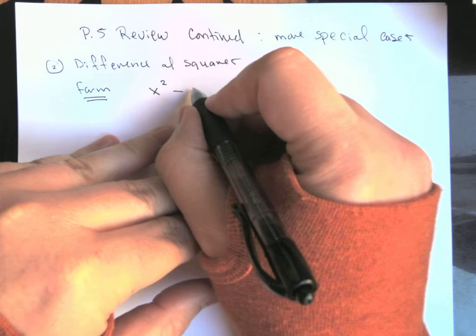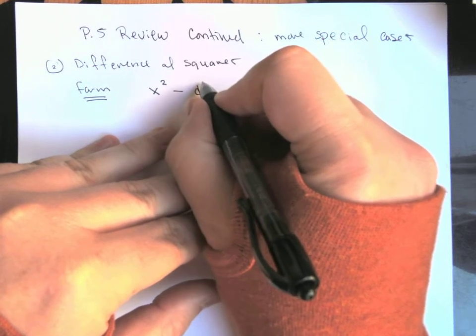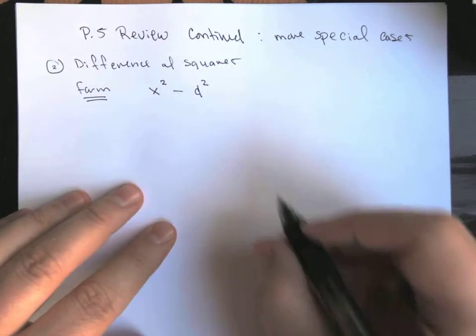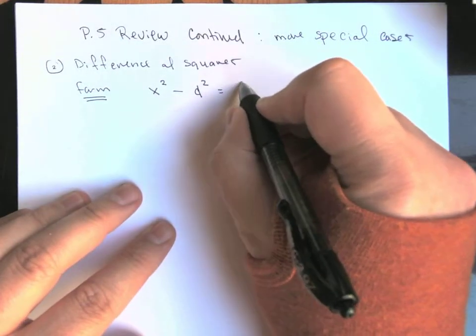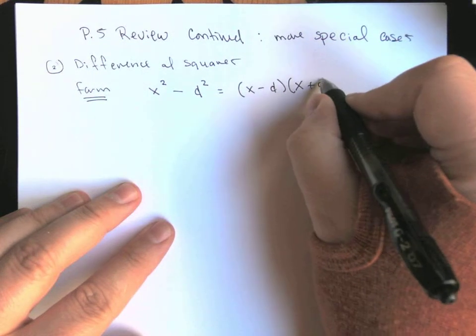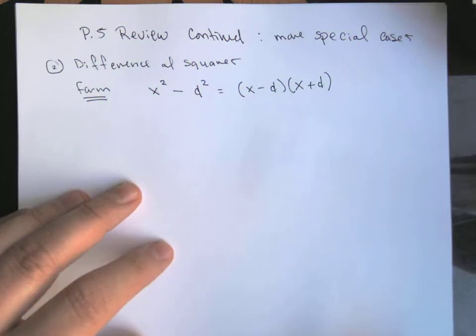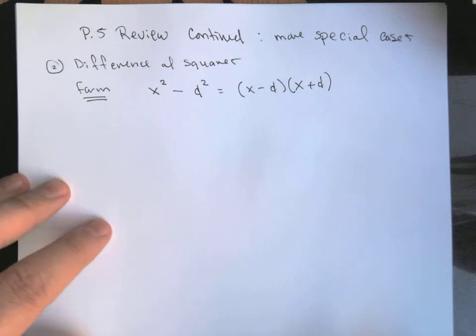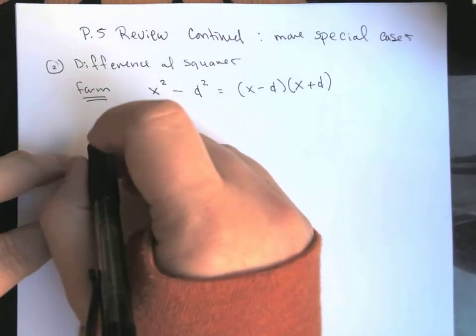Maybe I'll do d? X squared minus d squared? Sure. The idea is that this can become x minus d and x plus d. This is kind of generic. This is maybe not super obvious what we're getting at here. So as always, let's look at an example to try to see if we can't make sense of this.